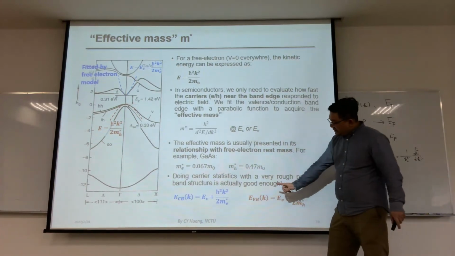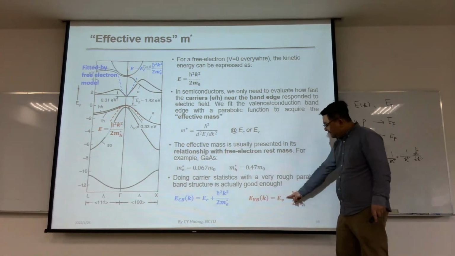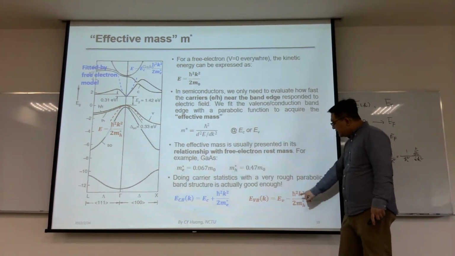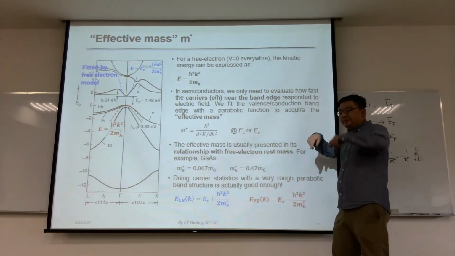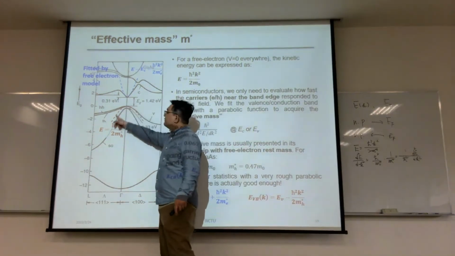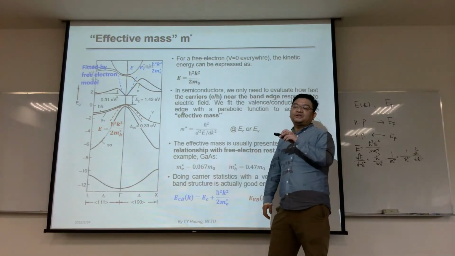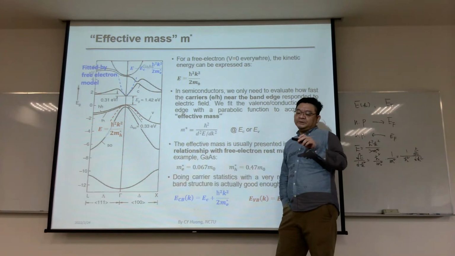In the other way, the valence band becomes EV minus a positive parabola, which means the parabola is pointing down, something like that. And this is actually good enough for most of the compound semiconductors with direct bandgap material.